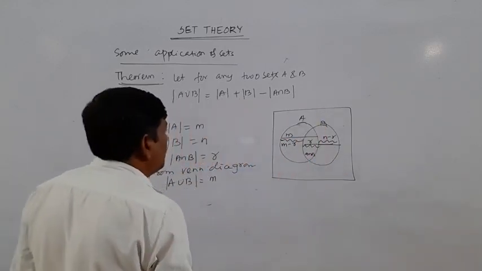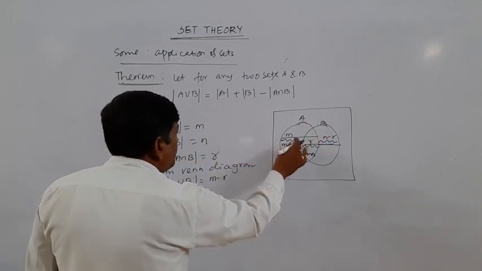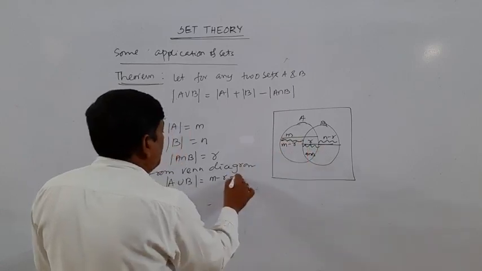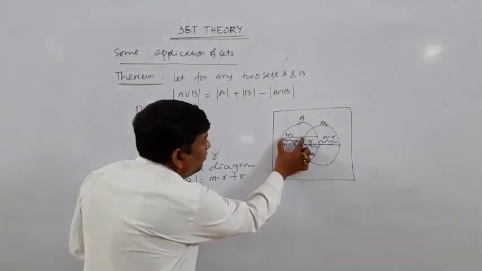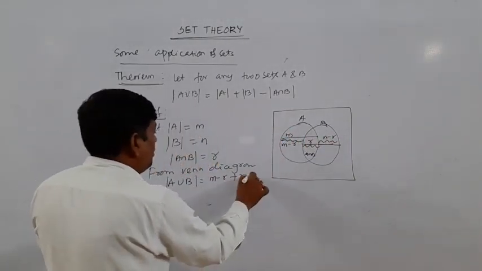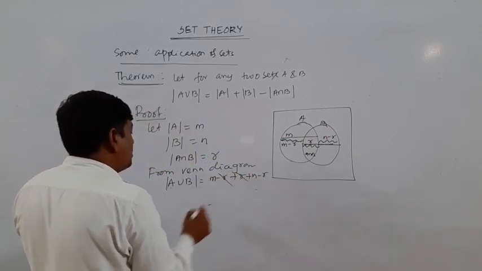So we can write: (m minus r) plus (n minus r) plus r. Watch carefully: r and minus r cancel.